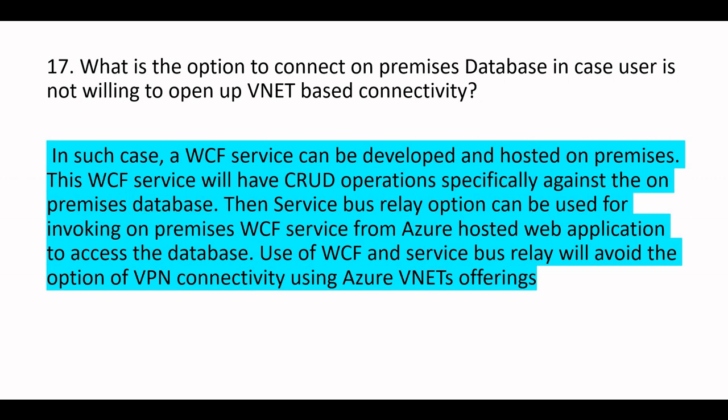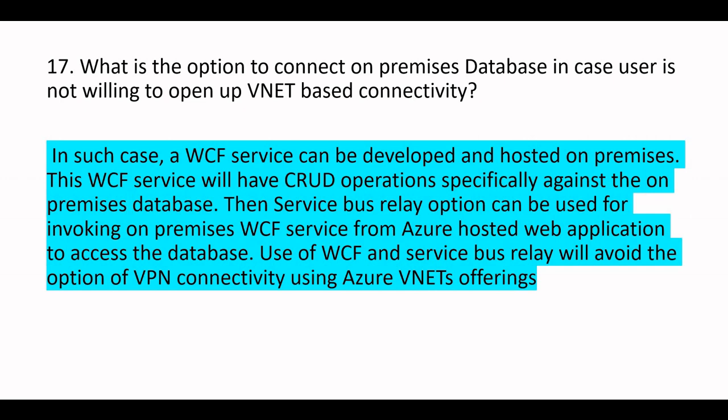And we can also use the Service Bus Relay option for invoking the on-premise WCF service from an Azure hosted web application. So a combination of WCF and Service Bus Relay will avoid the need for VPN connectivity. As I told, if you don't want VNet based connectivity, then you can use the Service Bus Relay and WCF combination.